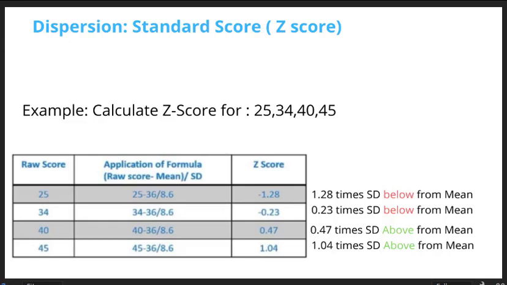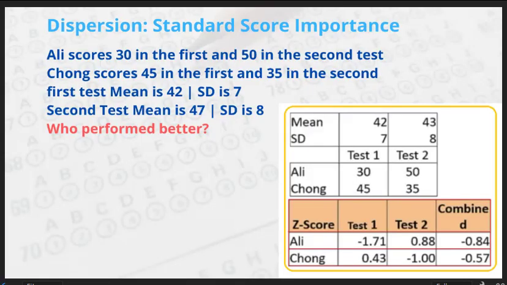The standard score is very important when you compare two things. As an example, Ali is a student who scored 30 on the first exam and 50 on the second test. Chan is another student, who scored 45 on the first test and 35 on the second test.